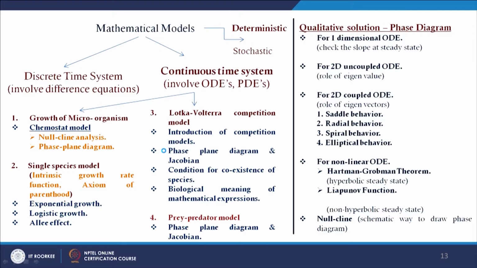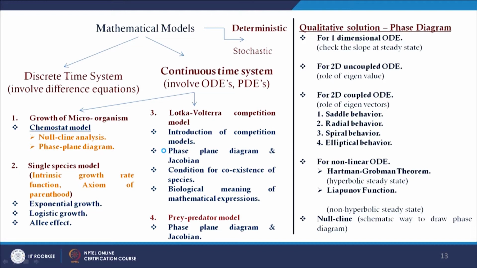And we discussed two species models, which deal with the Lotka-Volterra competition model, where we introduced competition models for more than one species. And then the analysis has been made through the phase plane diagram and Jacobian to find the stable nature of the system.